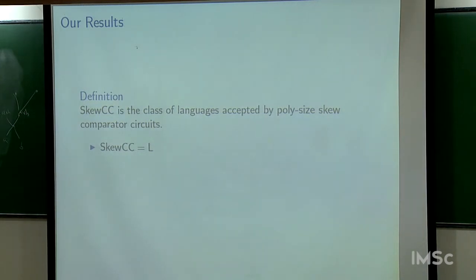So I'm not going to discuss that proof either. And we can also show that for that same constant I, which yielded pi I CC equal to P, for that same constant we get pi I skew CC equal to NL.